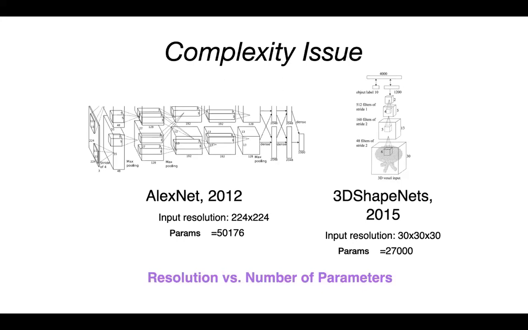So we go from 50,000 to 30,000. And so it's easy to see that the complexity, even for small resolutions, is very high. And we have to deal with this, right?